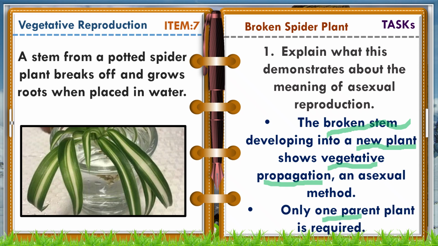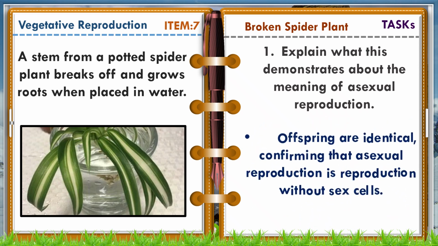Only one parent plant is required. The offsprings are identical, confirming that asexual reproduction is reproduction without sex cells.